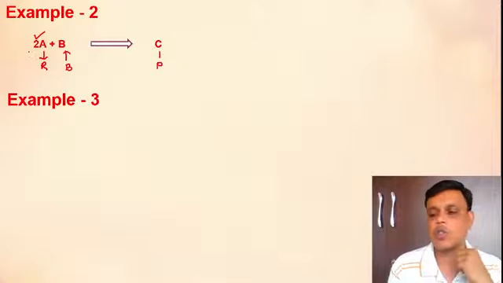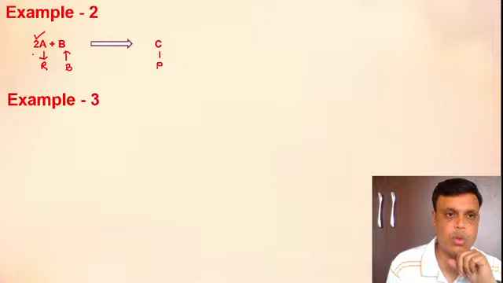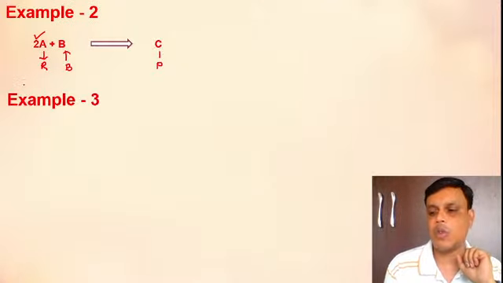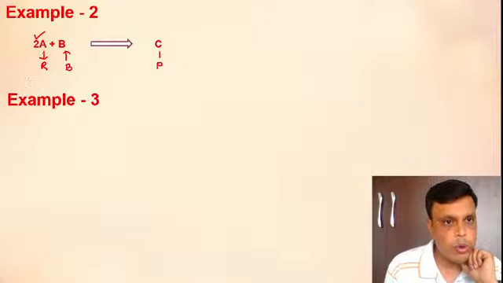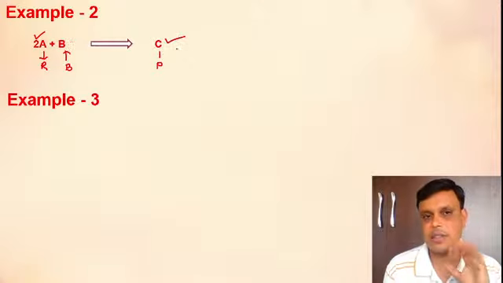This 2 is called a stoichiometric coefficient, or the stoichiometric amount of A. So 2 moles of A plus 1 mole of B gives you 1 mole of C. This is your generalized reaction.